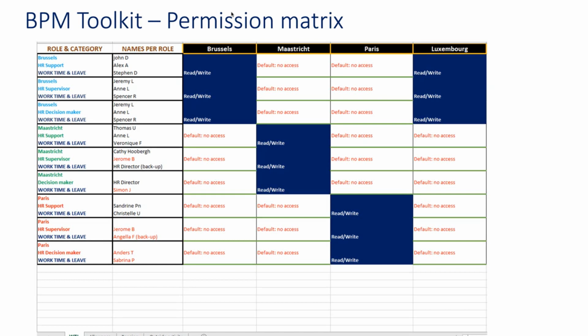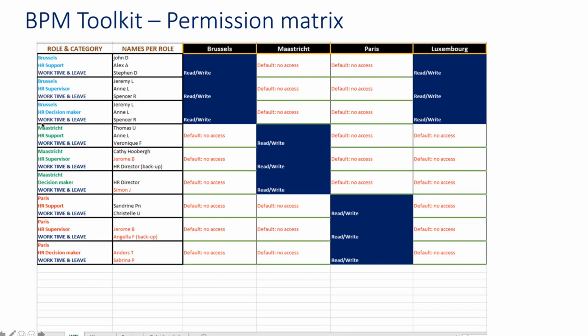Okay, so this concept here, permission matrix, is very, very important. What is it? Well, actually, there are many HR teams. Here you see we have HR in Brussels, HR in Maastricht in Holland, HR in Paris. They cannot manage the same type of request. So you must be able to apply some security. And also, look at this.